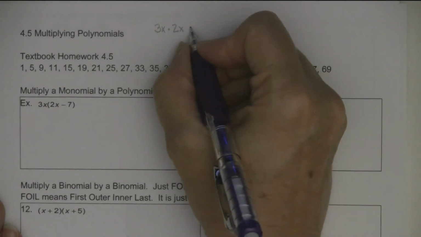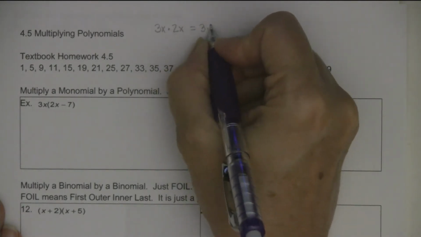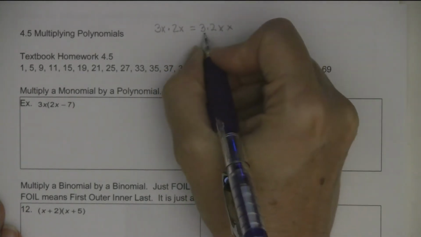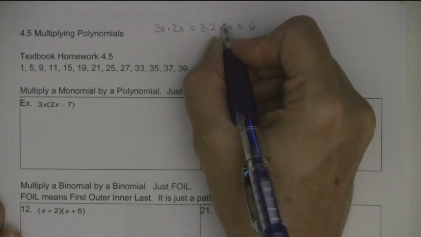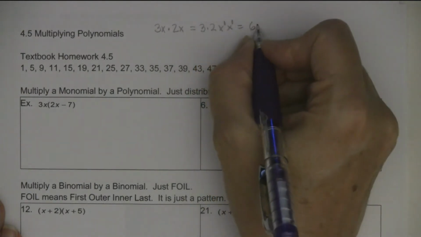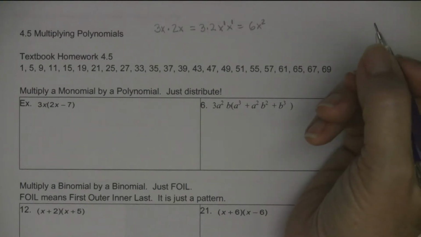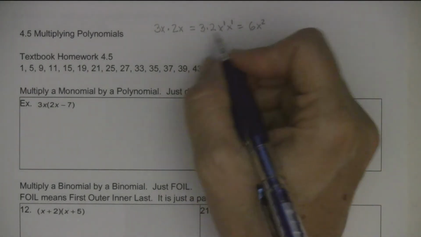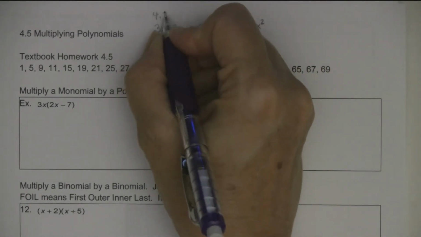And how they said to do it, I guess it was 4.3, is they said to multiply the numbers together. 3 times 2 is 6. And then with the exponent, with the variable, you added the exponents. 1 plus 1 is 2, x to the second, right? So that's how they told you to do it. And now they're going to use that, right? So they showed us this in 4.3, right?